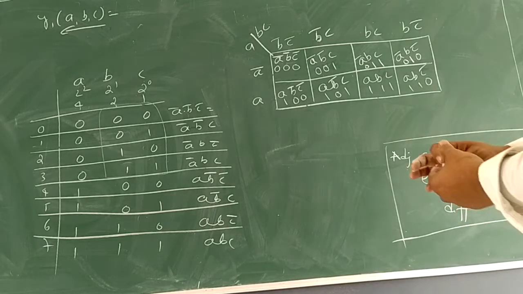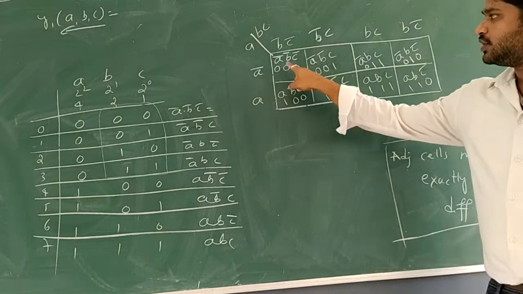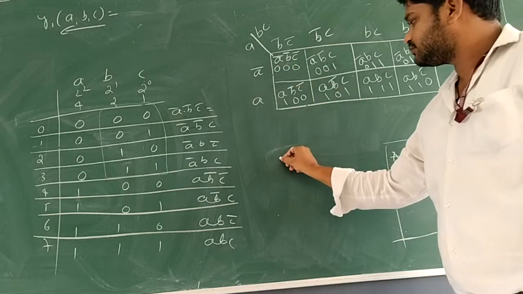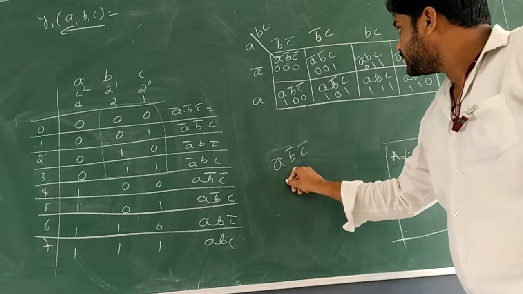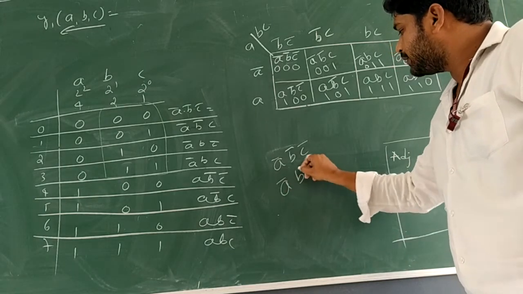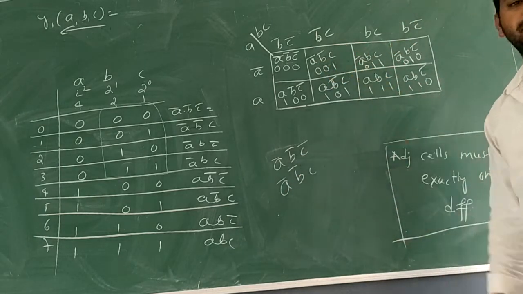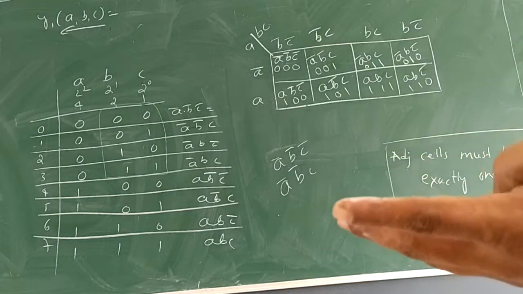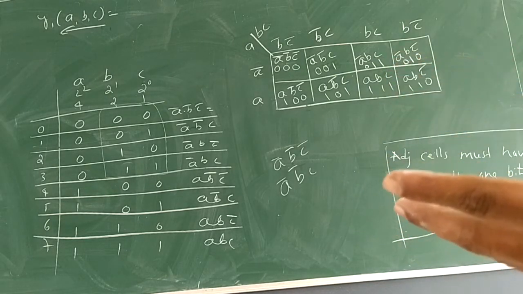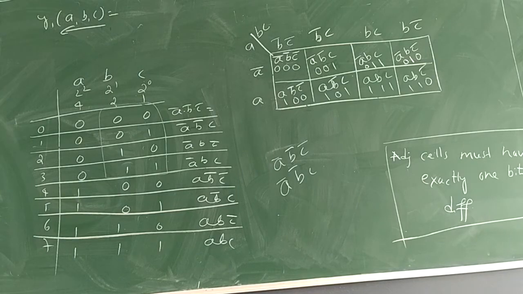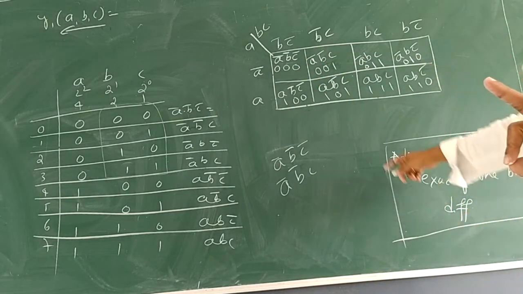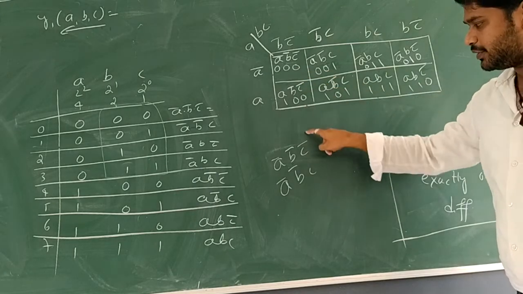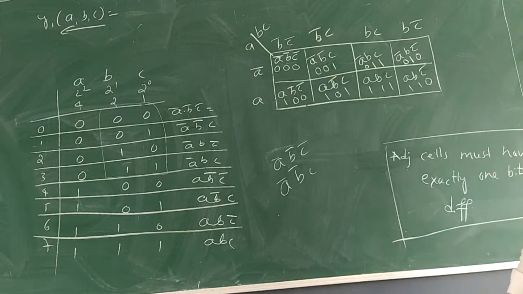Now, compare these two cells. What is the function of this? A complement, B complement, C complement, then A complement, B complement, C. Here A is in complemented format on both sides, B is in complemented format on both sides, and for C, one side is complement and the other side is without the complement.